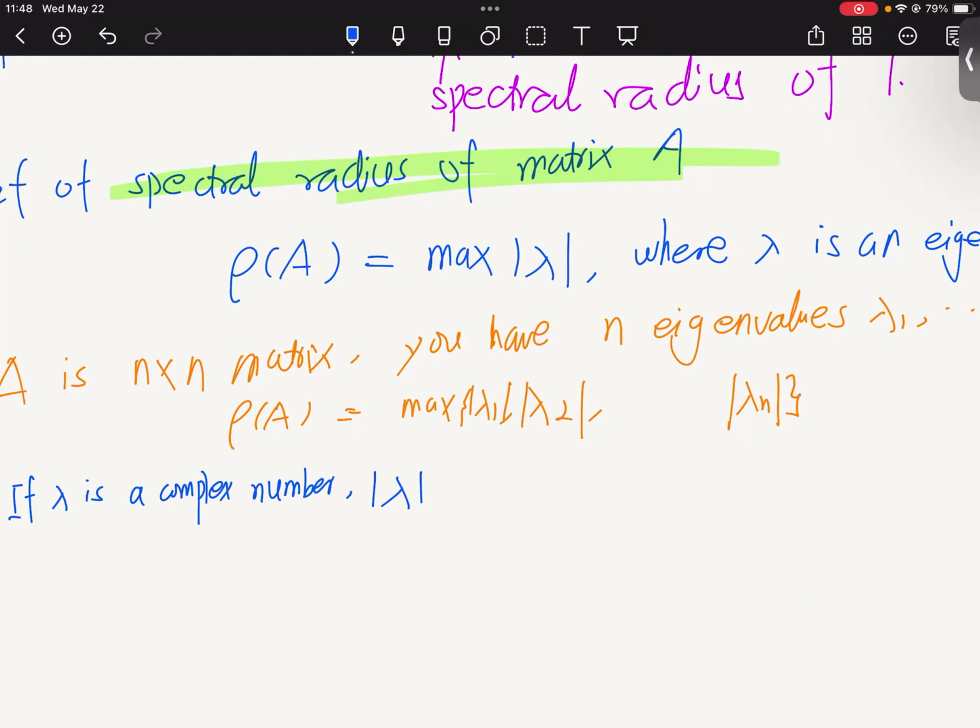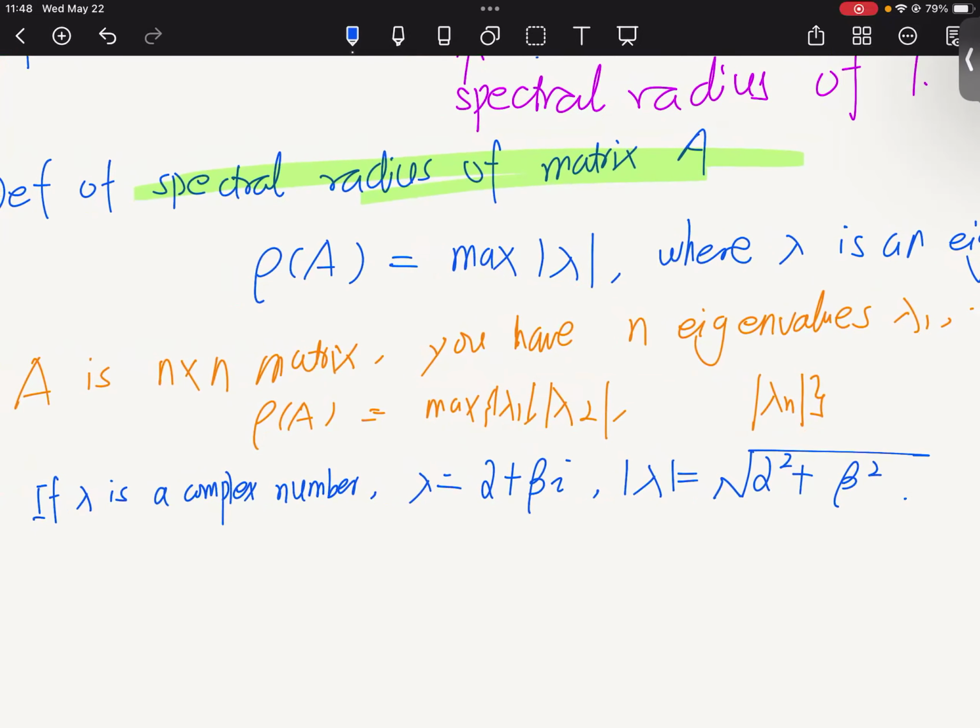Then the magnitude of lambda is defined as the square root of alpha squared plus beta squared. This is covered in a complex analysis class or some basic calculus class.